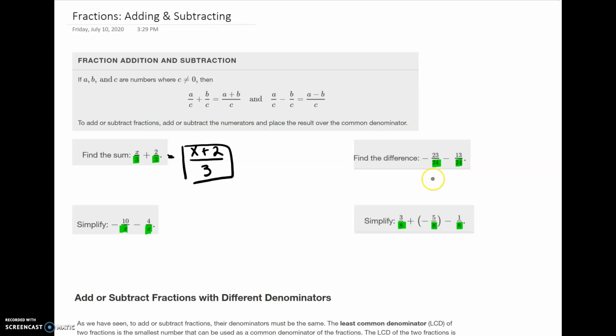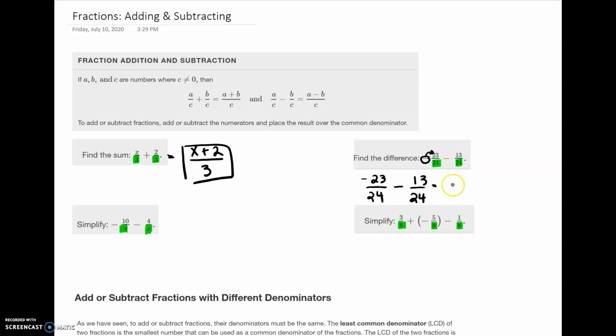Now, for the second example, I am going to take that negative and attach it to the numerator, and I'll rewrite it. You don't typically have to rewrite it. I just want you to see that I'm attaching it to the numerator, and then I'm subtracting the 13 over 24.